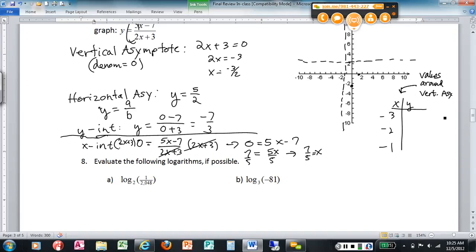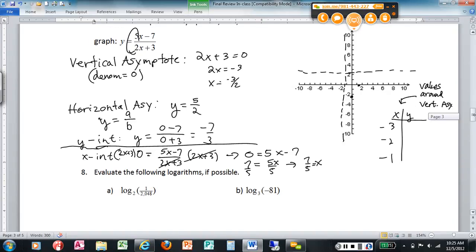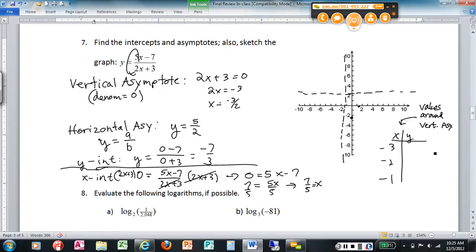And so what we get, if we plug in x to be negative 3, we get what? Negative 15 minus 7 over negative 6 plus 3, which is negative 22 over negative 3, which is 7.33.